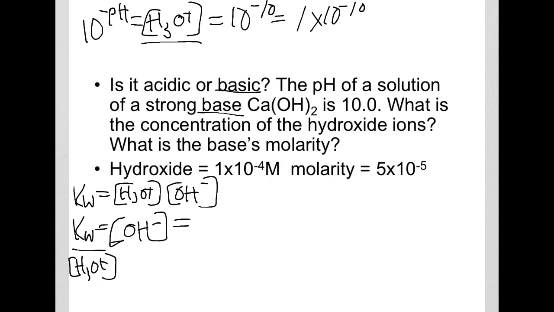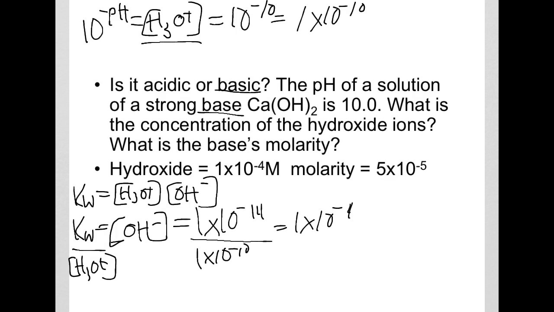So that's going to be my 1 times 10 to the negative 14th all over my 1 times 10 to the negative 10, and this is where I get my 1 times 10 to the negative 4th as my hydroxide concentration.